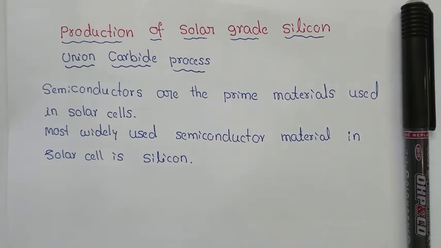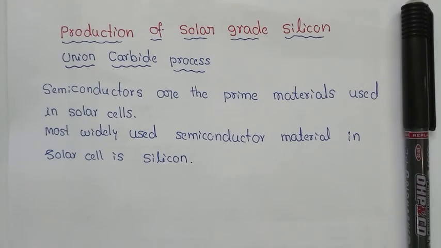In the previous video we have seen how the photovoltaic cell works, and we know that elemental silicon is the main semiconductor material used in photovoltaic cells, and photovoltaic cell is the device which converts solar energy into electrical energy.